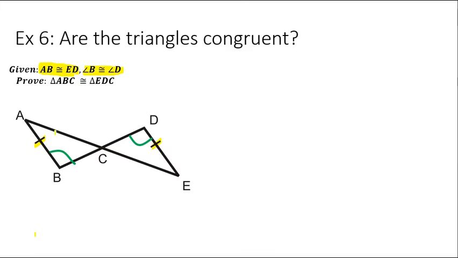Now, if you notice something else here, right here, we have vertical angles. And remember, vertical angles are congruent. So that means that these two angles here are congruent to each other. Okay, so the information they provide for us now is we have a side in common. So I'm going to say side.